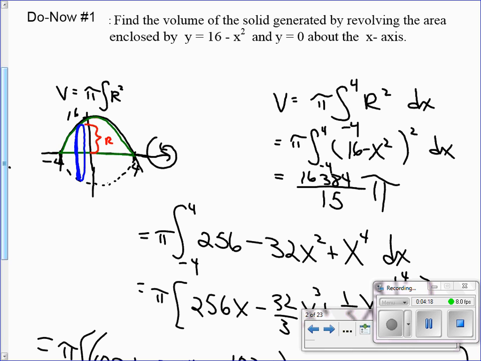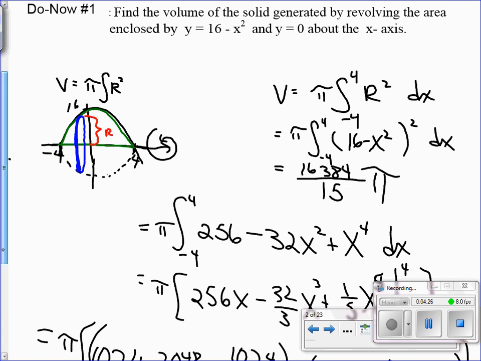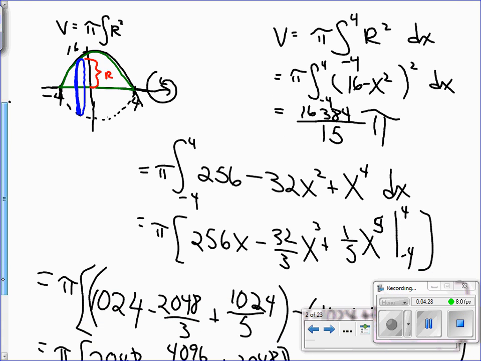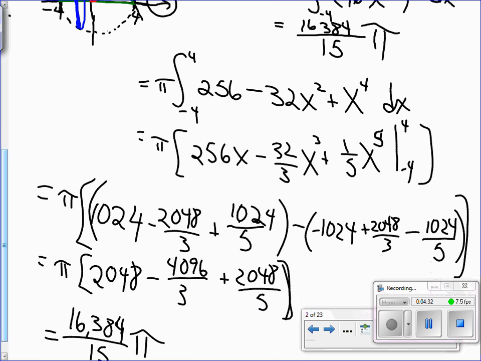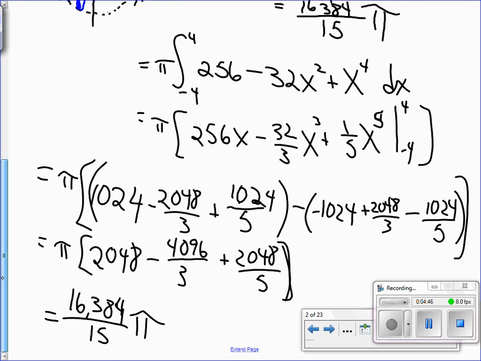If you wanted to actually square it out, square out the 16 minus x squared first, and take the antiderivative. Put that up there. So yeah, you could square it out, take the antiderivative, plug in the upper and the lower, and subtract. You're going to wind up with 16,384 over 15 pi.